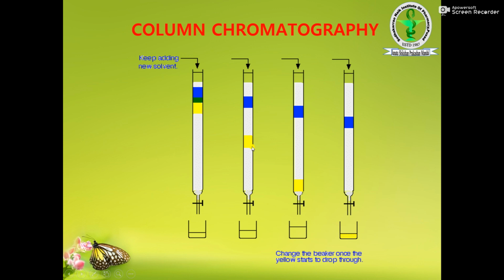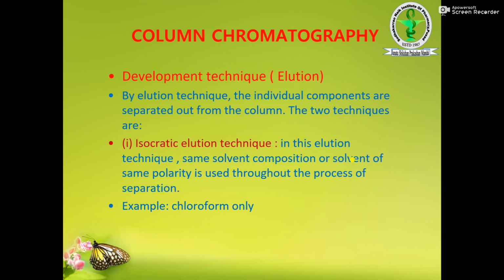Yellow has less affinity, so it is eluted fast. Change the beakers once the yellow starts to drop through. By this way we collect the samples.